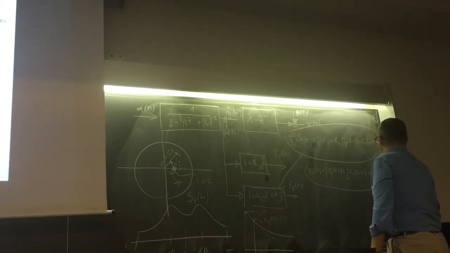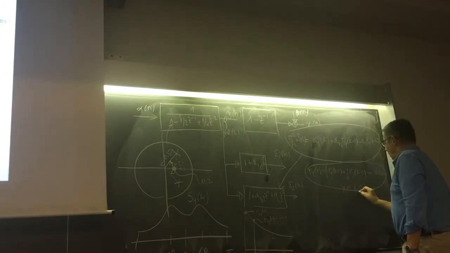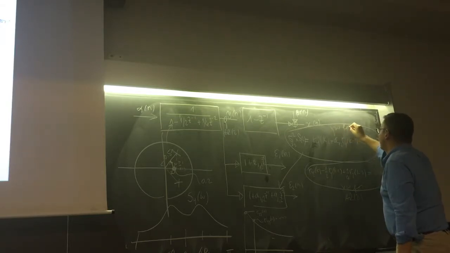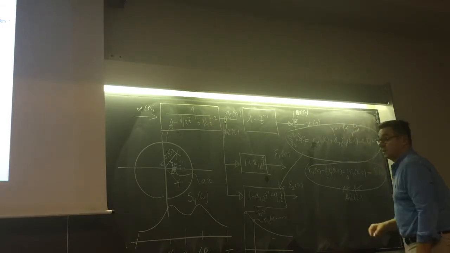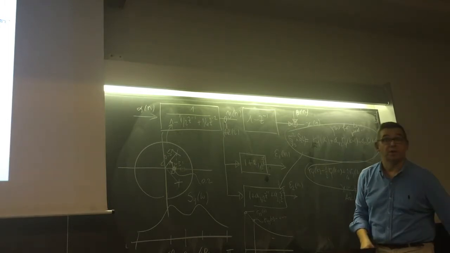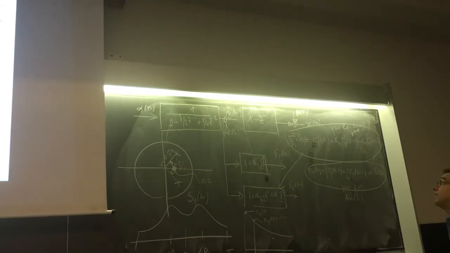This was the Yule-Walker for the autoregressive process of order 2. And this is the Yule-Walker for linear prediction. Since they are the same, there's no work to calculate the coefficients. That's another way to look at the problem.